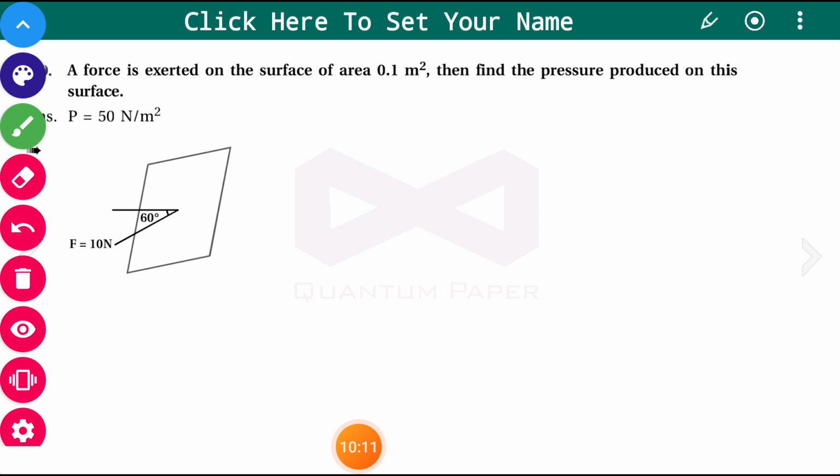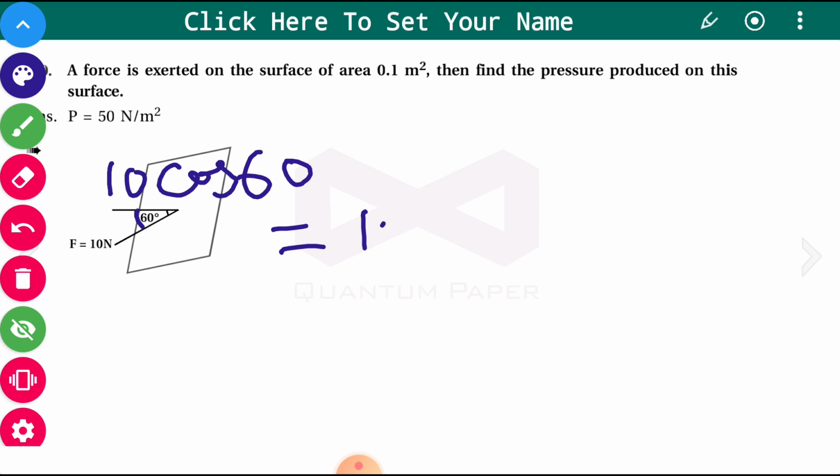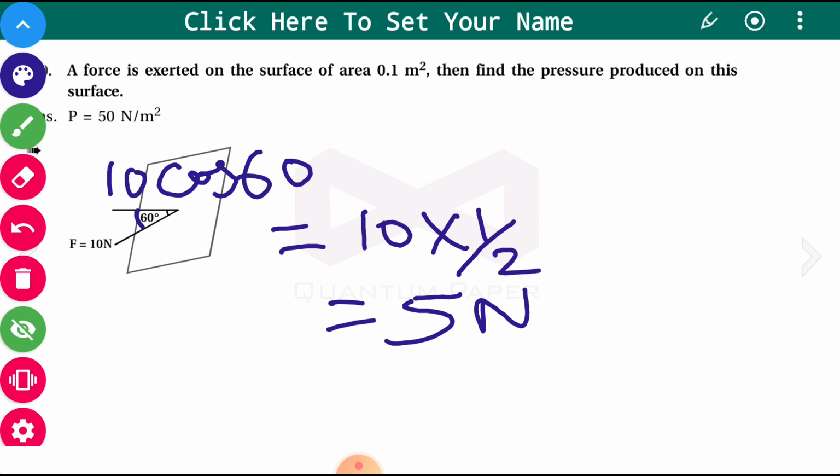Okay. Now see, this is a very small example of how the pressure is calculated. Force is exerted on a surface of 0.1 meter square area, and we want to find the pressure. Here the force applied is 10 Newton. Now see, we have to take the component of the force which is perpendicular to the surface. Here theta is 60 degrees, so it will be 10 cos 60, which is 10 into 1/2, so it becomes 5 Newton, the force perpendicular to the surface.